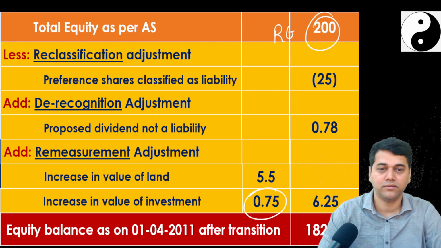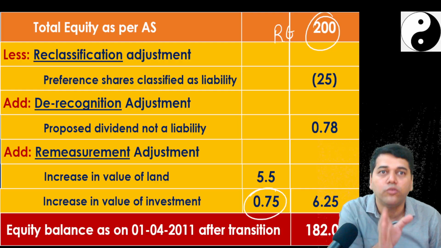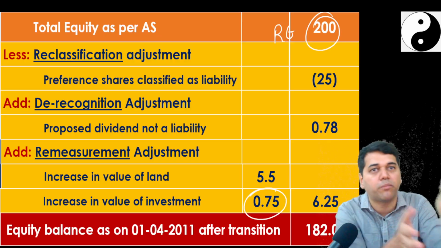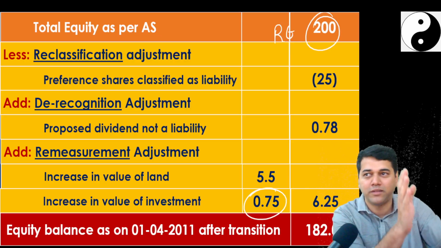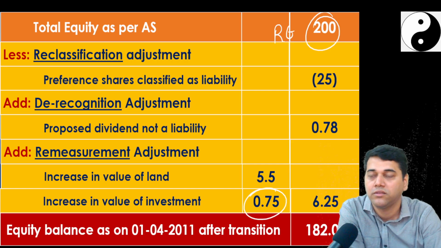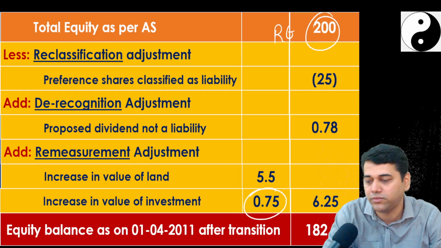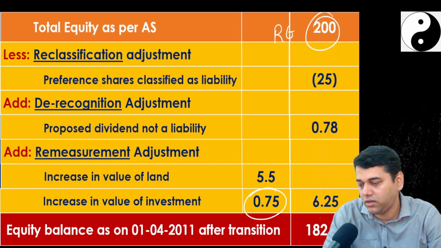Then the evaluator will understand that you have understood the accounting here. You have not just gone with one format somebody gave you, doing plus, minus and all. You have understood the background, why we are doing it, so that irrespective of any permutations and combinations, you should be able to do it. Easy?